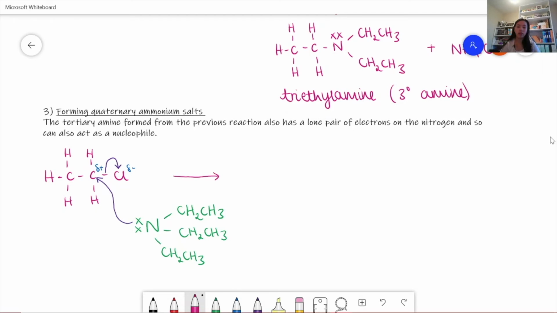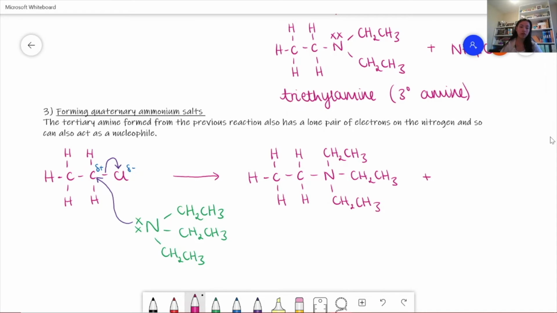And then we form CH3, and then CH2, and then N, and now we have 3 of these ethyl groups on it. And then also the chloride.